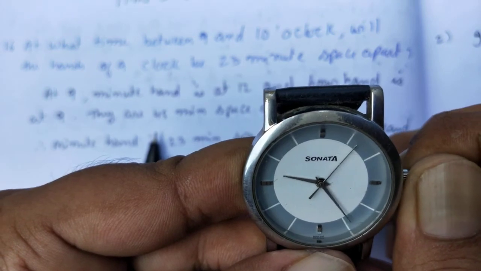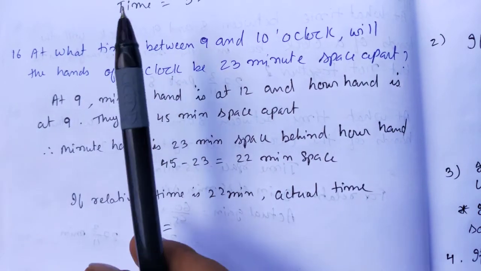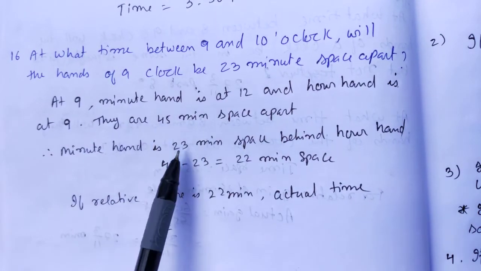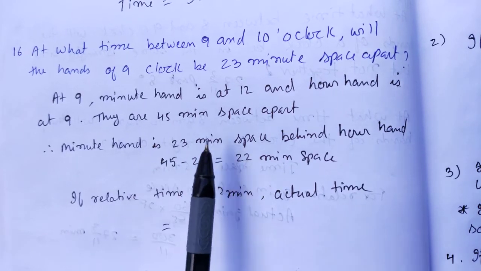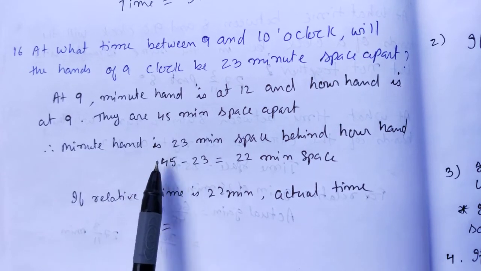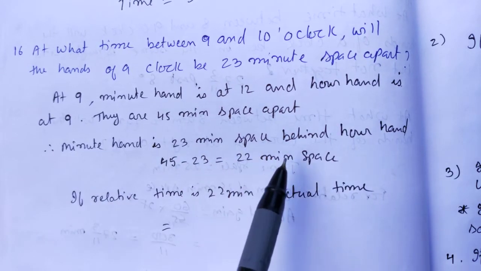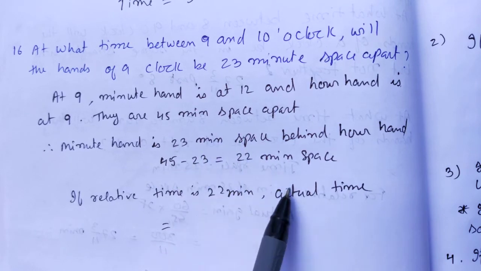So it may be somewhere here, 23 minutes, we don't know. So we have to subtract. Like in question number 15, we had to add. If we are not crossing the hour hand, we have to subtract. So the minute hand is 23 minutes space behind the hour hand, so we subtract, and we're getting 22 minutes space.